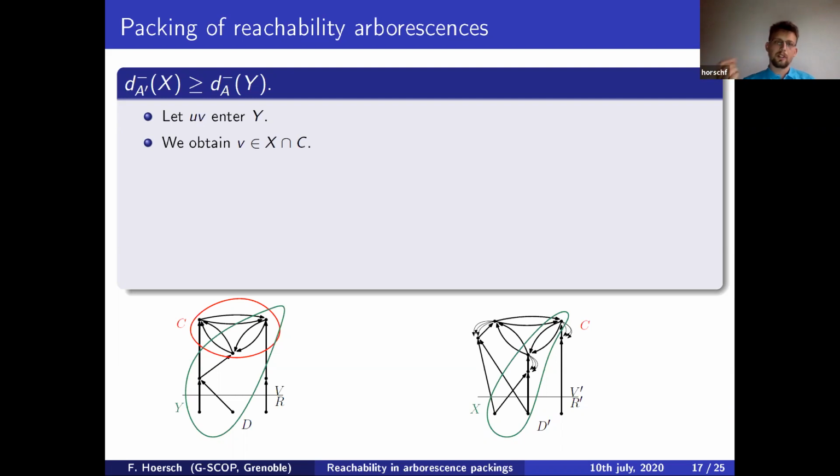The only possibility left is in C. Now, where could u live? Well, first, u could also be in C. So it could look like that. Well, in that case, exactly the same arc also exists in D prime, I mean, and it also enters X.